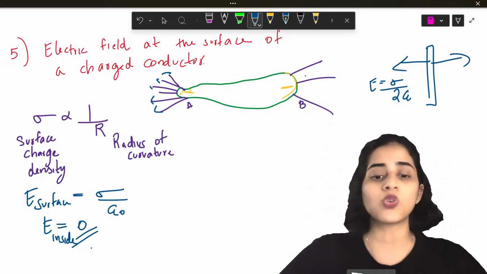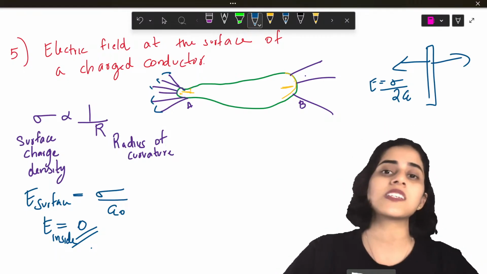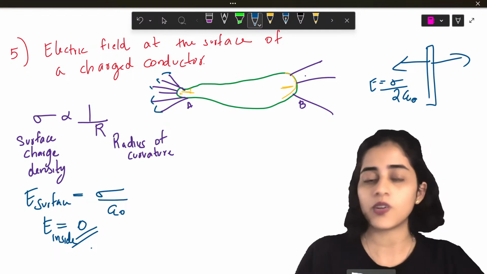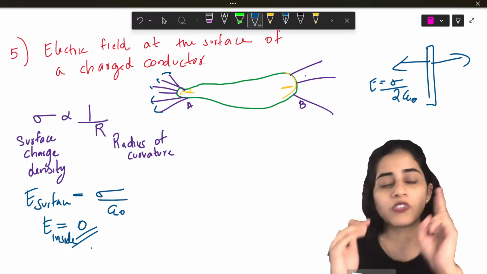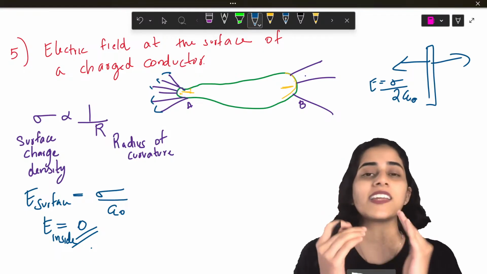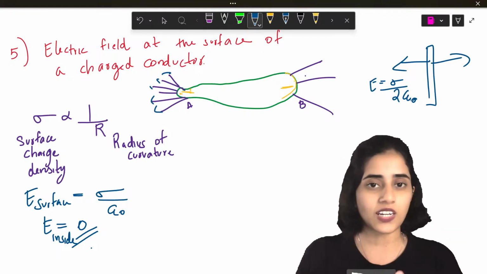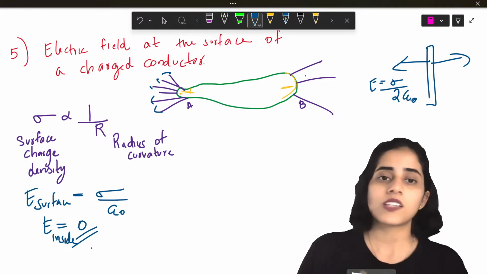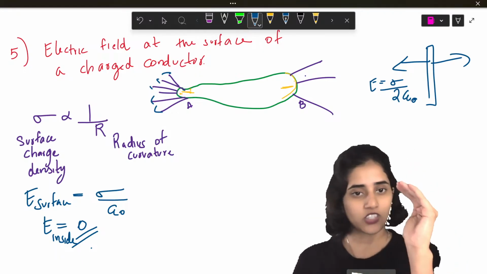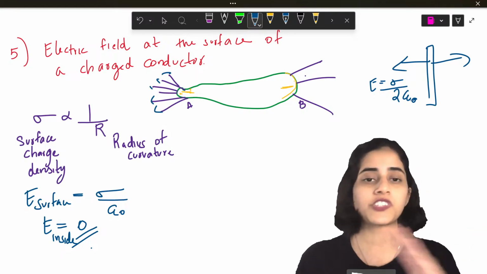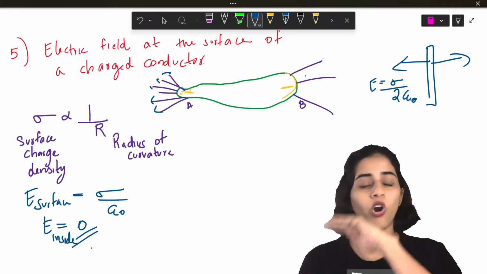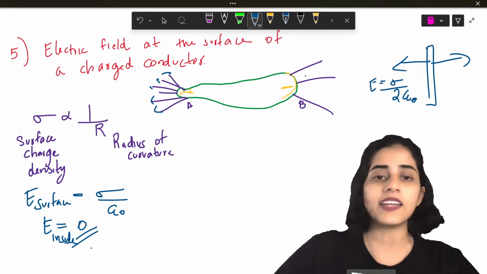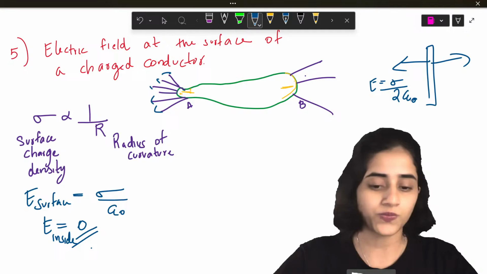So these are the two things that you need to know: electric charges reside only on the surface of a conductor, and the electric field is only at the surface. Depending on the curvature, the number of field lines or the surface charge density will change. On the surface, there is a field which is sigma by epsilon naught. Inside, the field is 0.